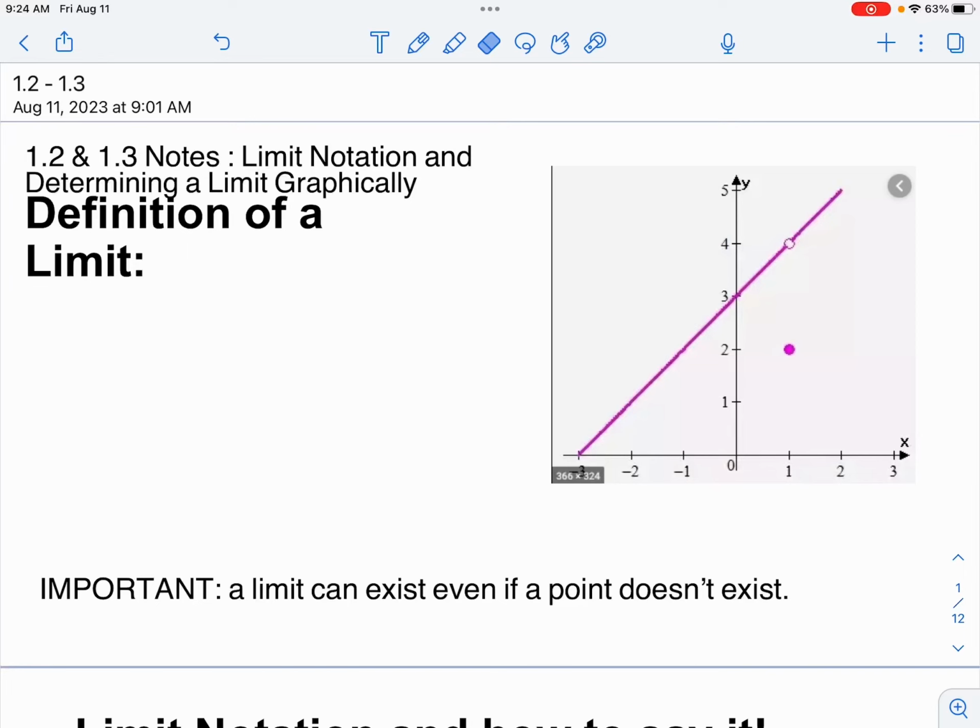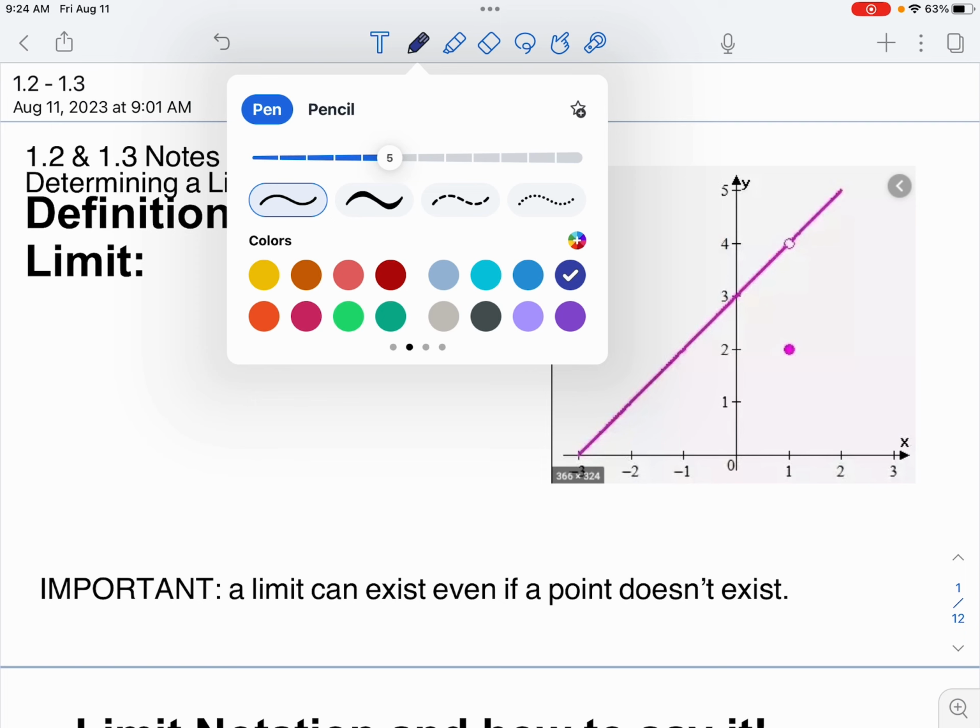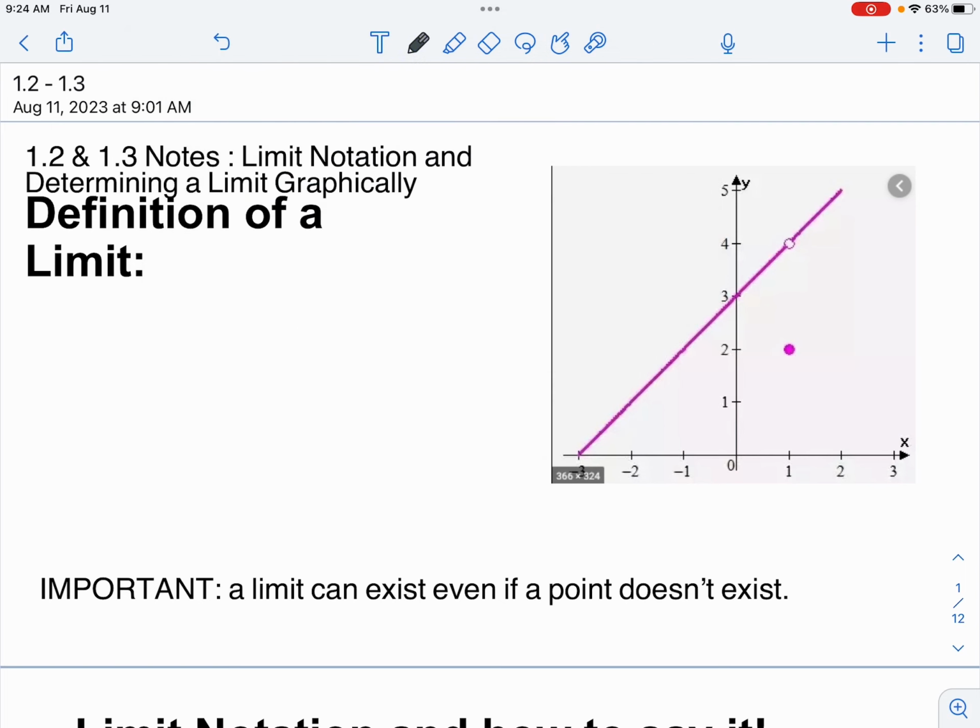So we will start with the definition of a limit. This isn't a super formal definition, but I think one that's easy to understand.